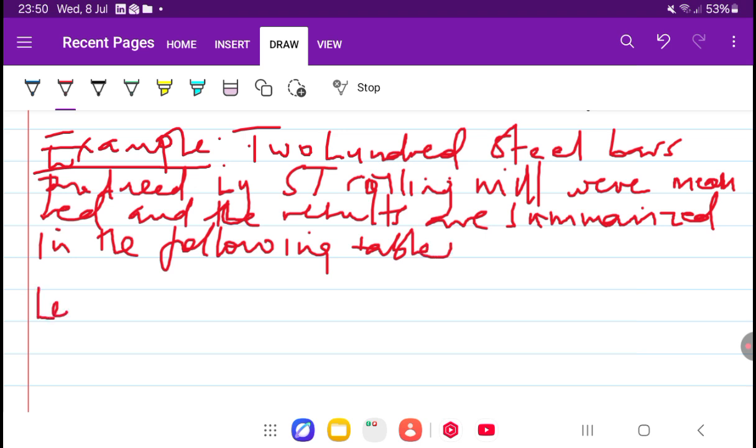So we have the length in meters, then we have the frequency.